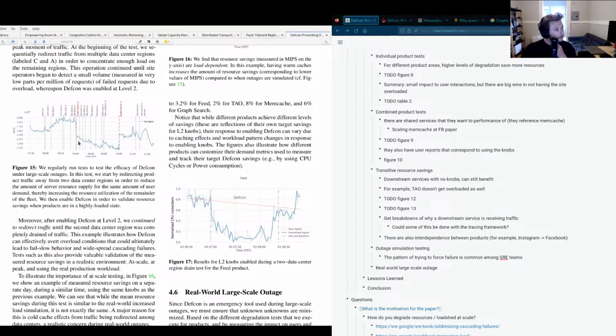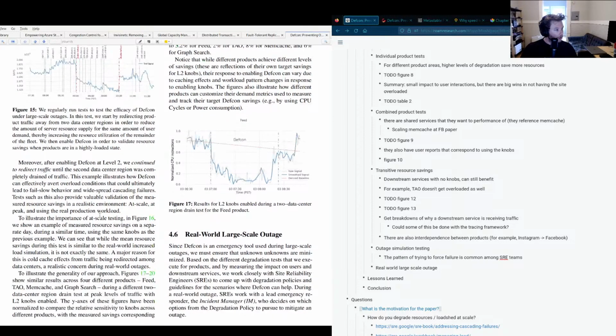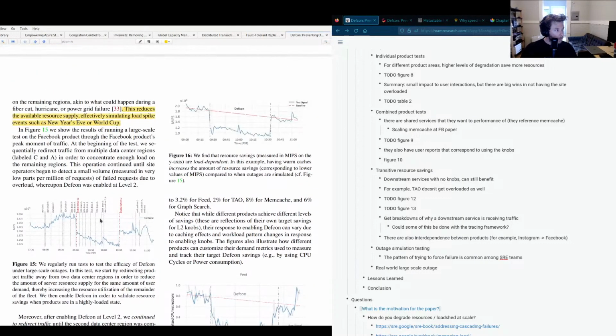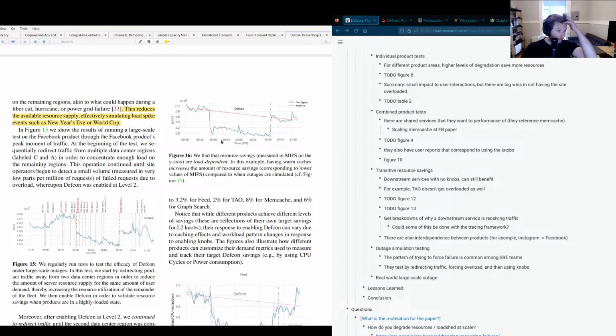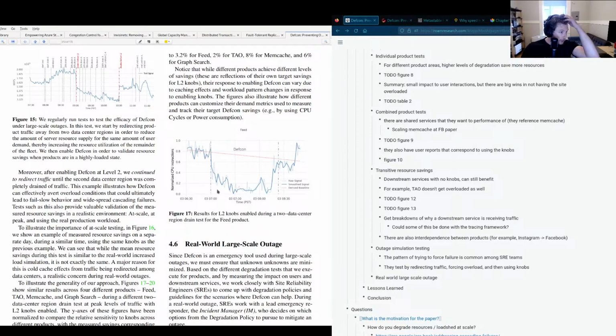Okay. Cool. So they test by redirecting traffic, forcing overload, and then using the knobs. Figures 17 through 20. And it's also general.